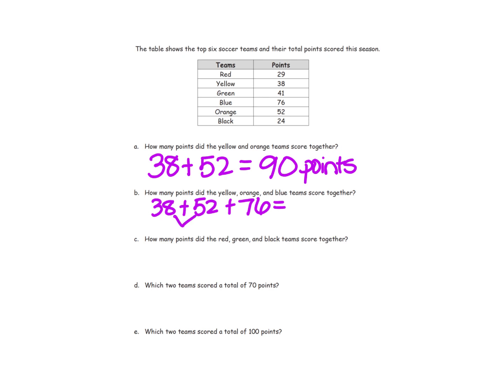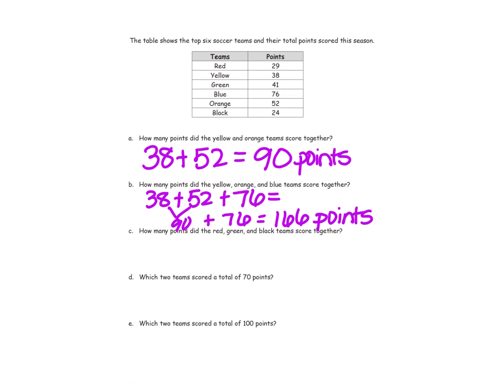We know that 38 and 52 equals 90. 90 plus 76 equals 166. And we can't forget to add the points.